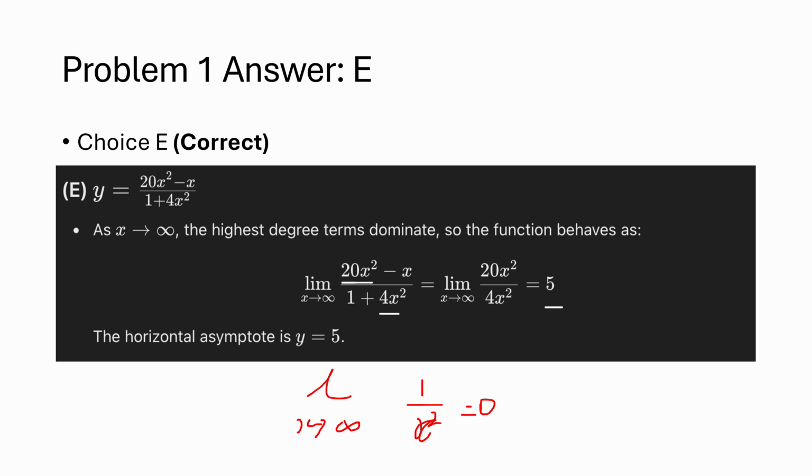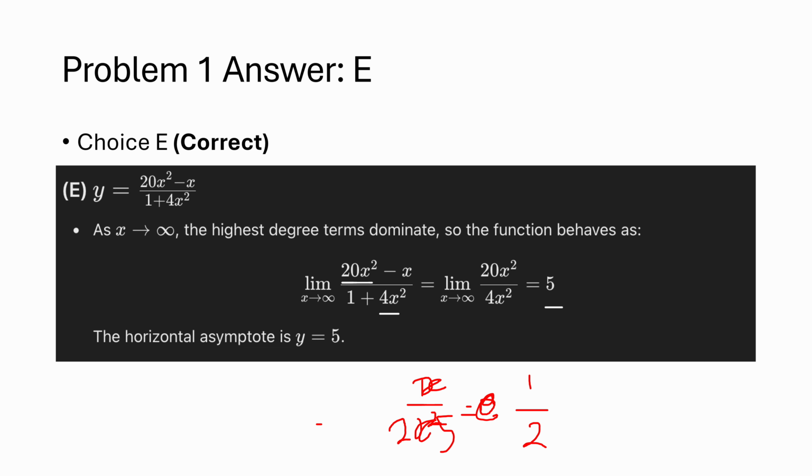And similarly, if the degree of the numerator is the same as the degree of the denominator, for example x over 2x minus 5, then it'll just be the ratio of the leading coefficients, so it should be 1 over 2.